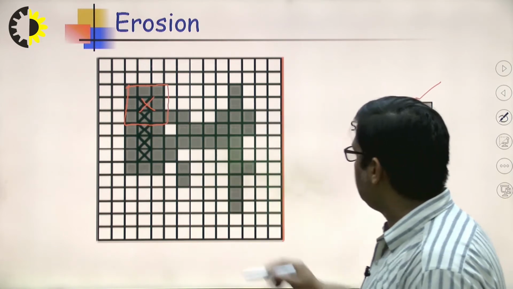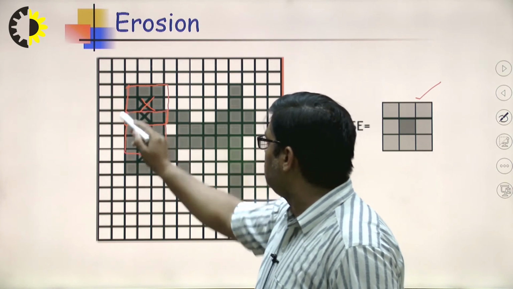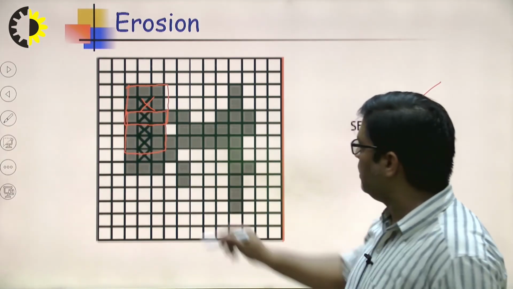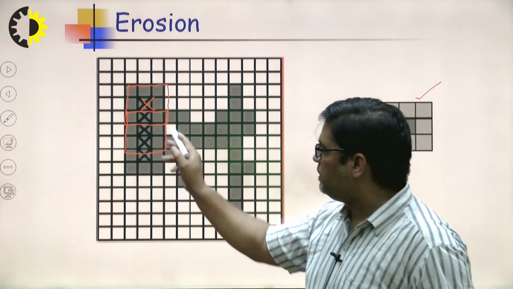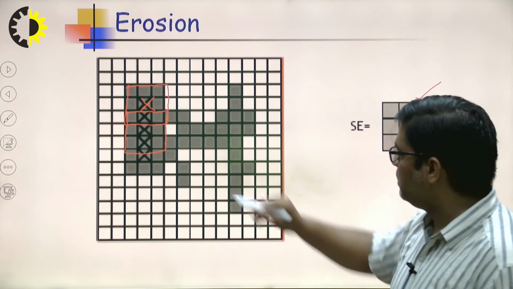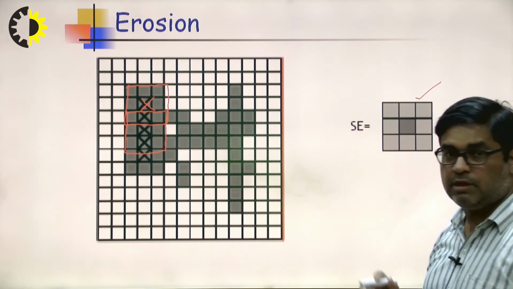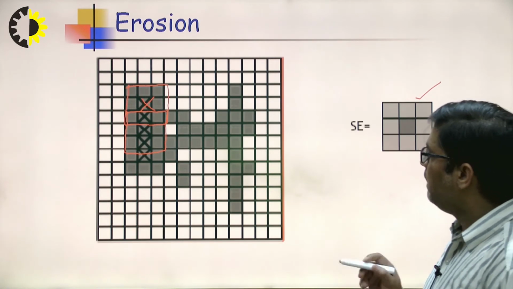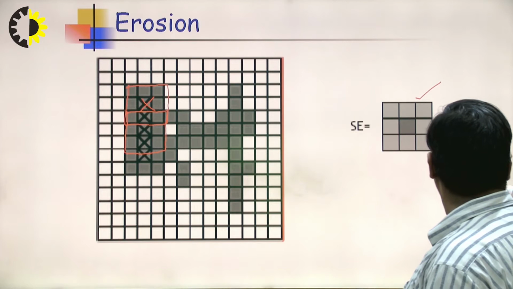Similarly, whenever I shift it down, again I can highlight here, and when I shift it down again, I can highlight it here. Wherever I find a complete match with the structuring element, I highlight the central pixel value.